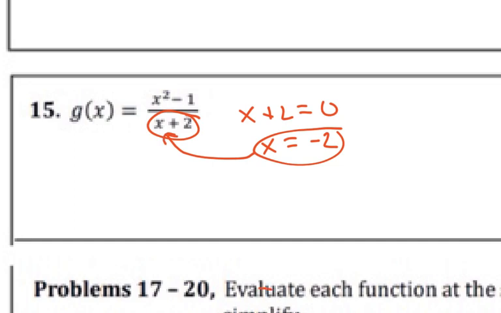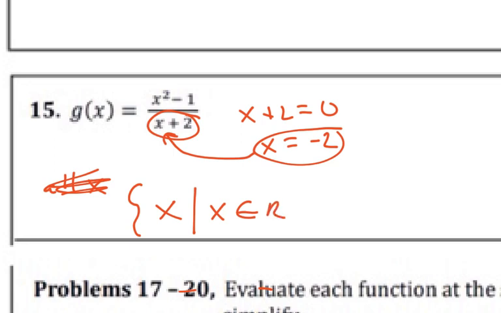So therefore, this one is all x, except, well, let's use set builder notation. So we'll do the set of x such that x is an element of all real numbers, x does not equal negative 2. That would be our domain. x cannot equal negative 2. Why? Because we'd be dividing by 0.